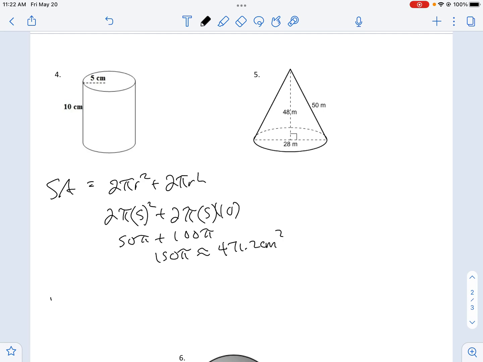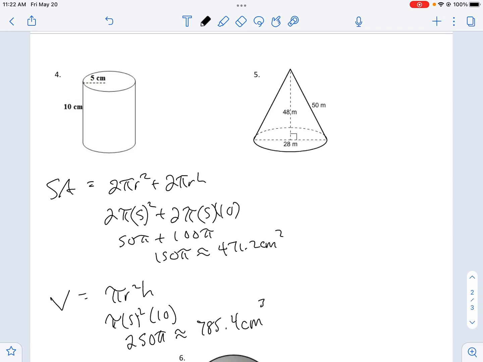We multiply two things, so centimeters squared. Volume is pi r squared h, so pi 5 squared times 10. That's 250 pi, which is approximately 785.4. We multiplied 1, 2, 3 things, centimeters cubed.